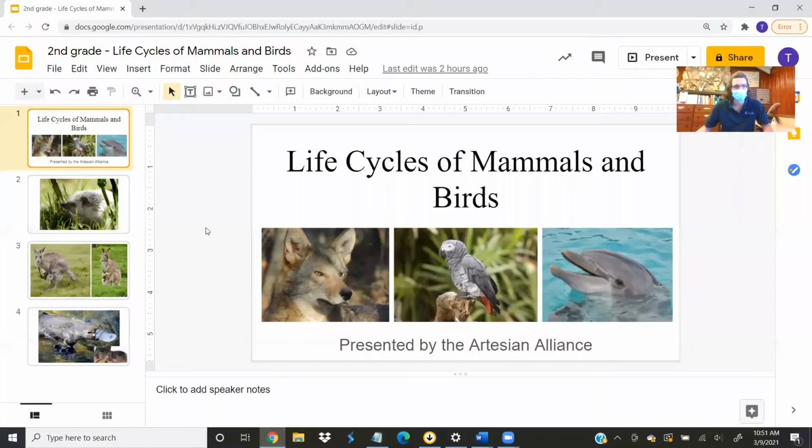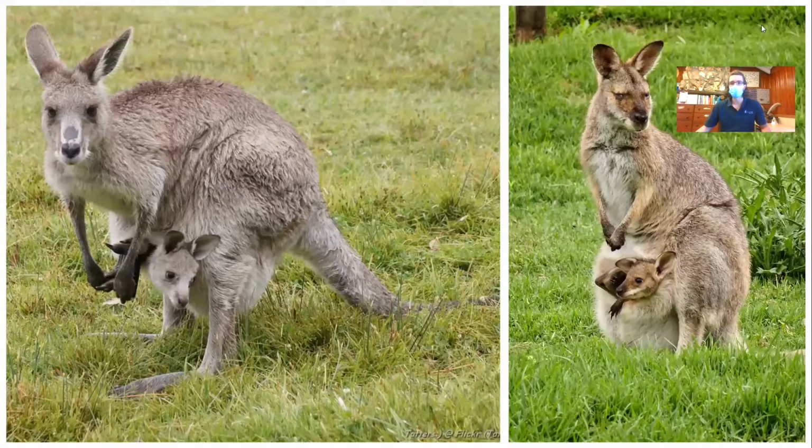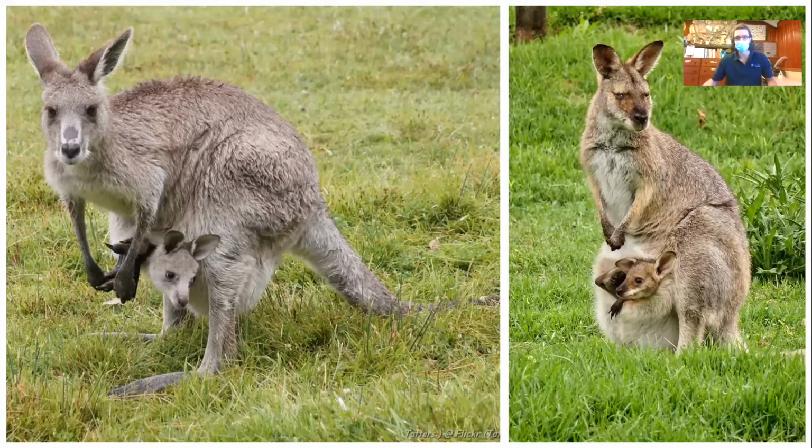Okay, so another type of mammal that we have, I'm actually going to share a PowerPoint with you really quick. Oh, that's our hedgehog. So the next one is what we call marsupial.